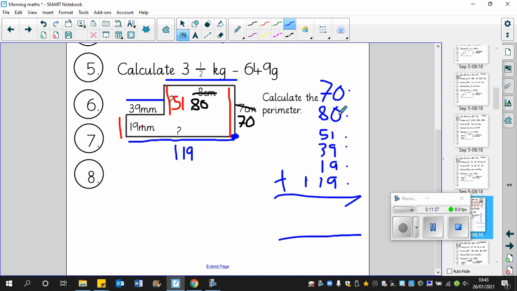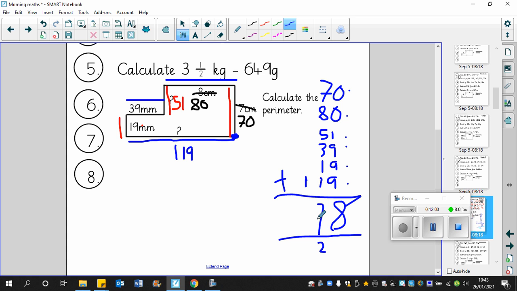Okay, so 0, 0, 1 add 9 is 10, add 9 is 19, add 9 is 28. So we've got an 8 there, carry the 2. 7 add 8 is 15, and 5 is 20, that's good. 20 add 3 is 23, 24, 25, 27.